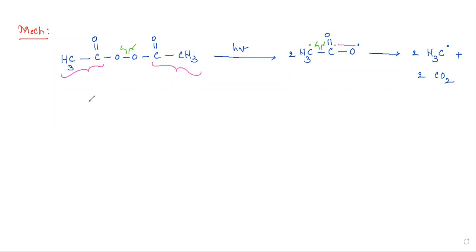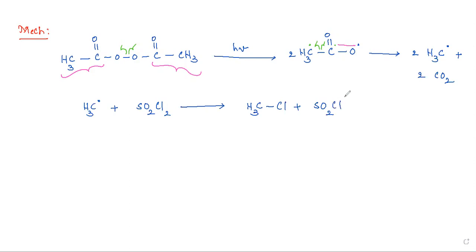Now this methyl free radical combines with SO2Cl2, sulfuryl chloride. Take a chlorine free radical from this, you will get methyl chloride.